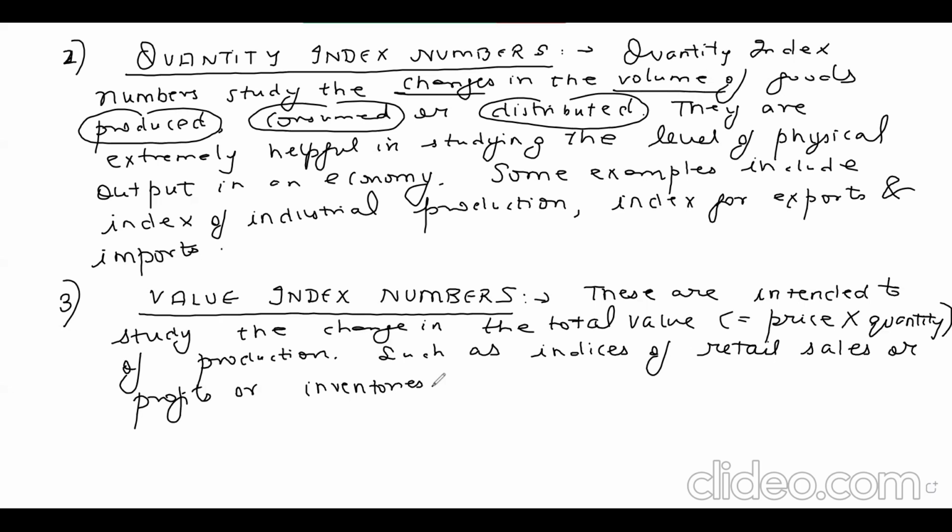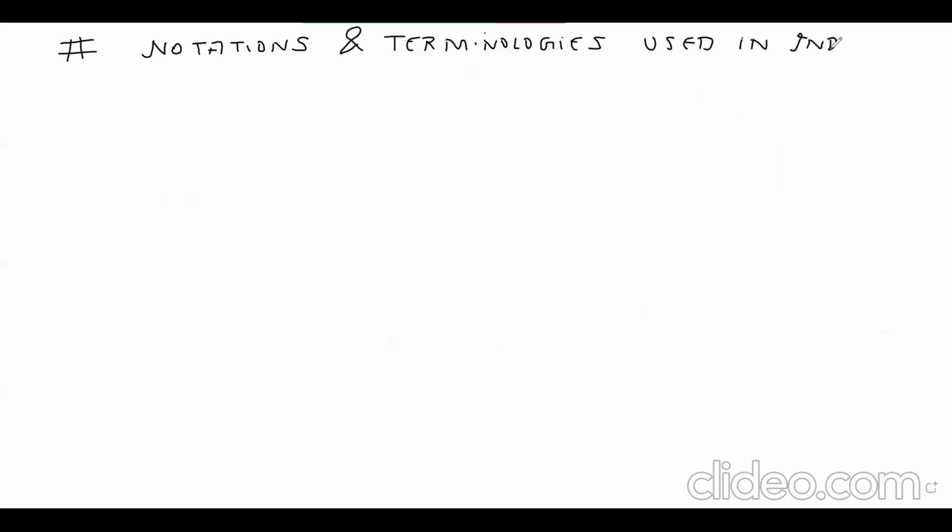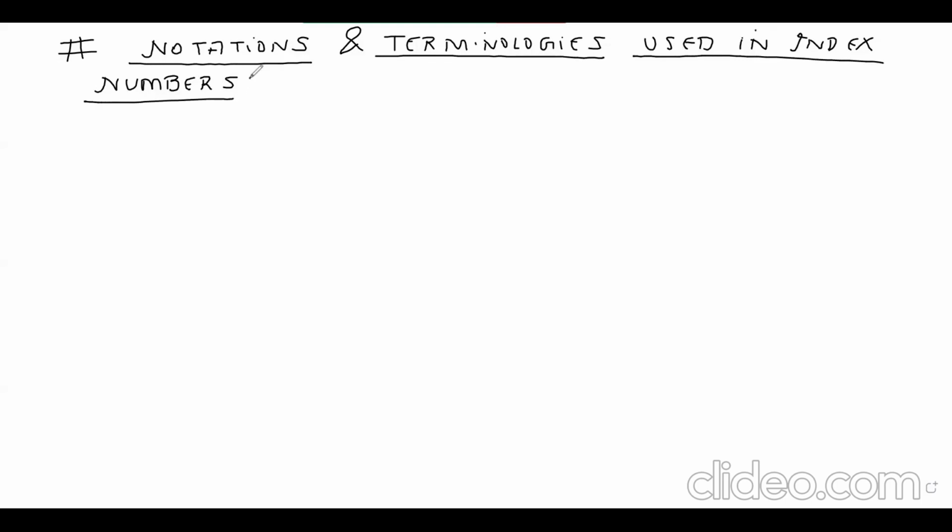So let me first of all erase all this off and also write notations and terminologies used in index numbers. So all students attending this lecture can write this heading.